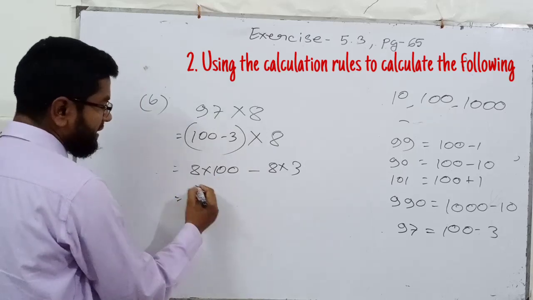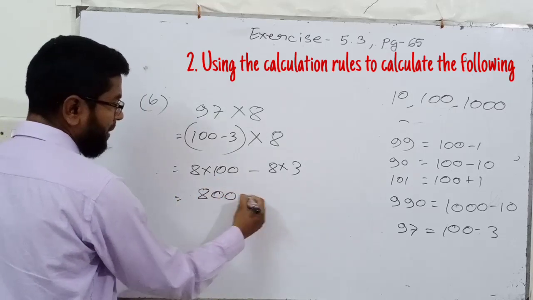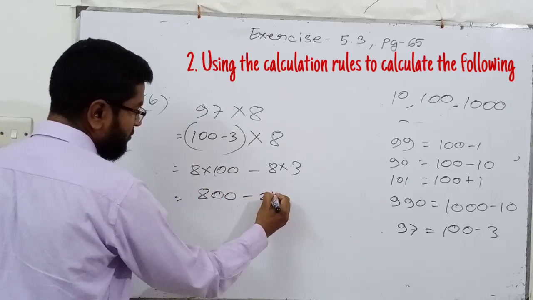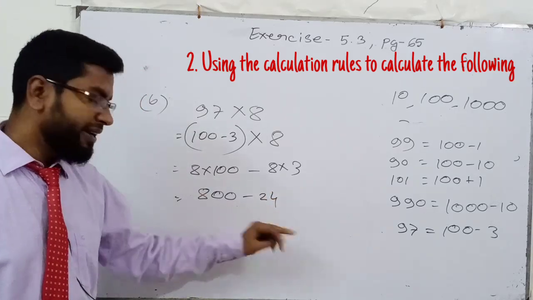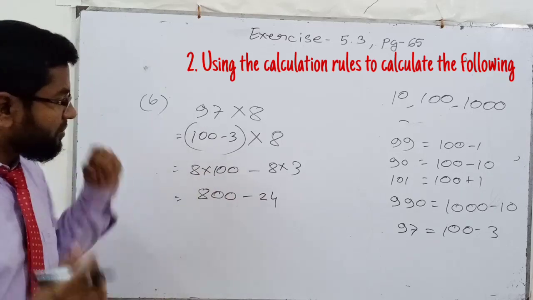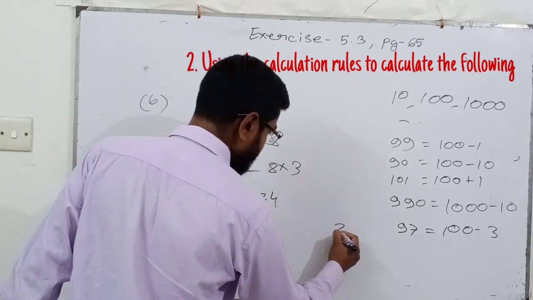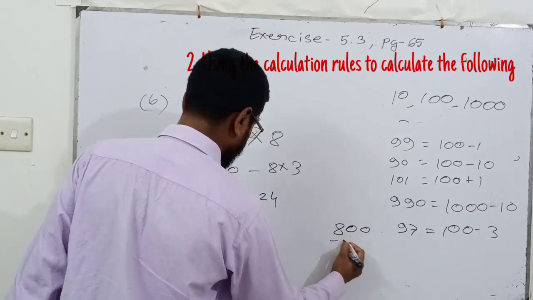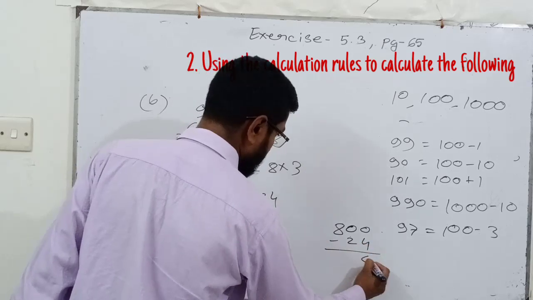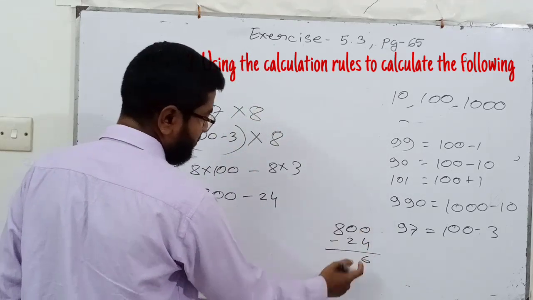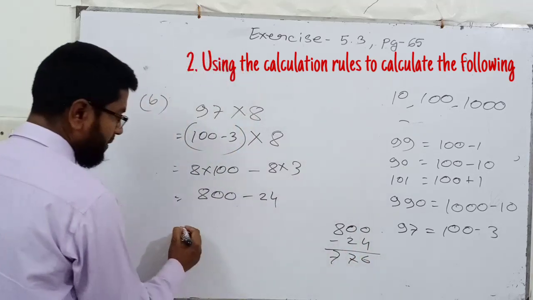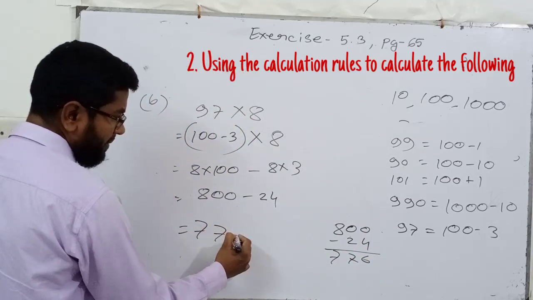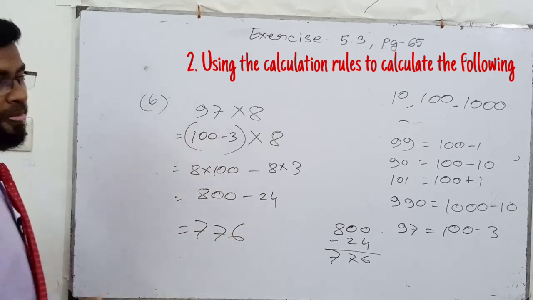Now it is easy: 800 minus 24. If we subtract right now, 800 minus 24, what will be here? 6, then 7, then 7. The answer is 776.